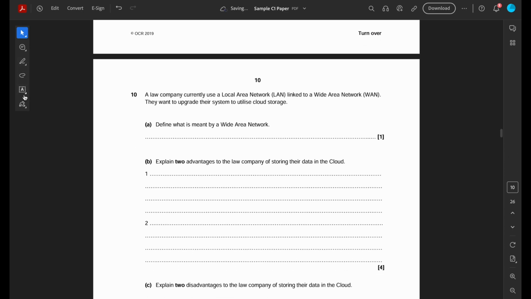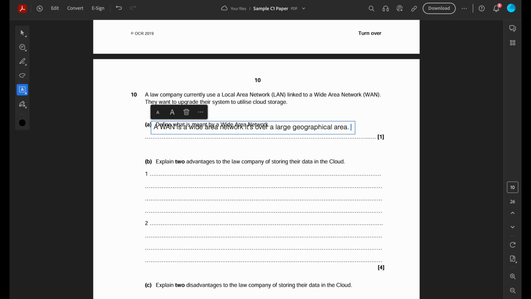What's meant by a WAN? Okay, WAN is a wide area network. Now, it doesn't say, it just says a wide area network. It does say in the question, so I don't get any marks for that bit. It's over a large geographical area. Now that's probably worth a mark. However, it doesn't say just give 1.